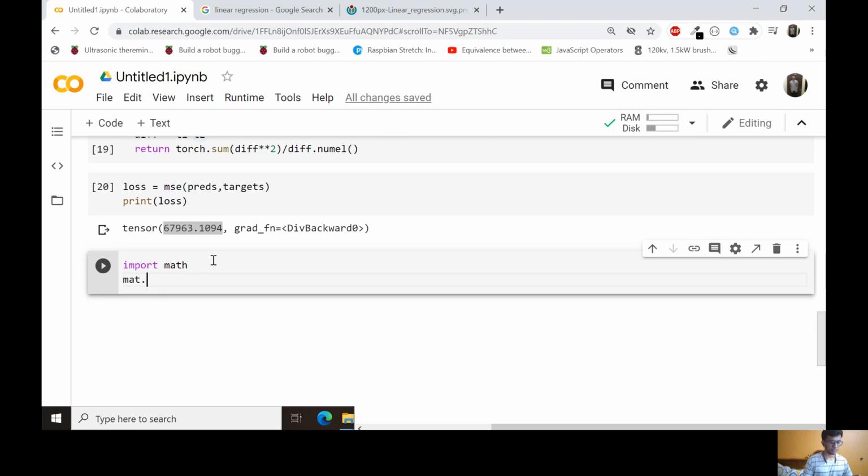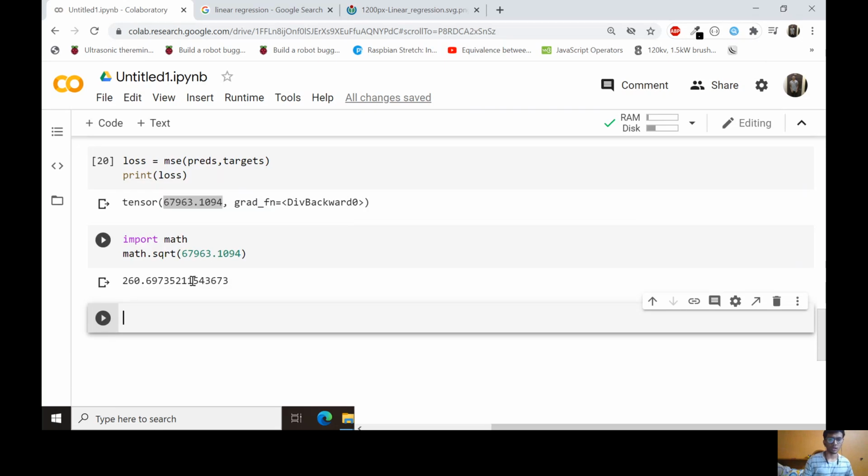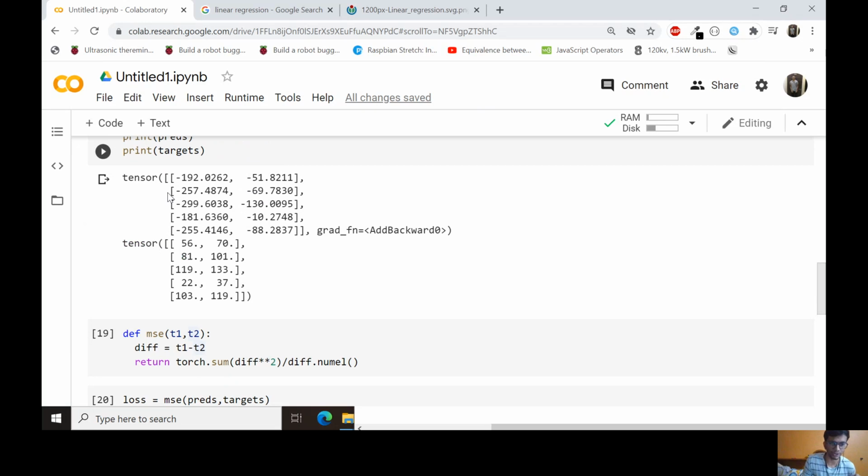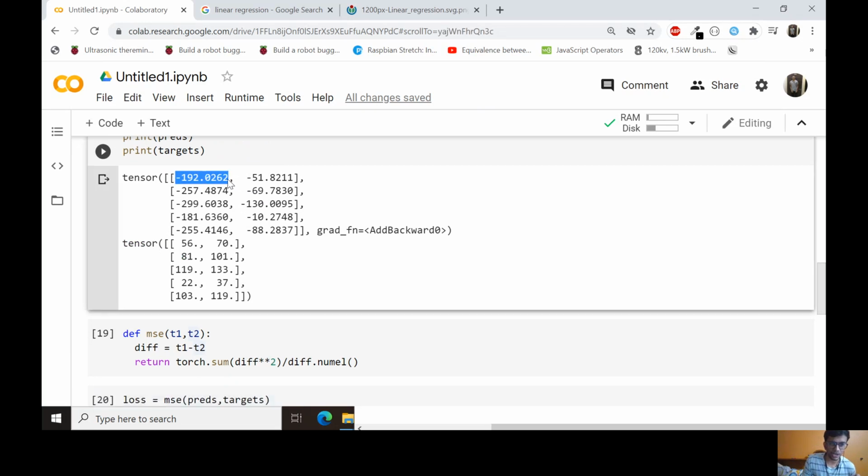Import math, dot square root, and you can write your value here, and I have missed by 260 points. That's somewhat true as well, because if I get minus 192 and I add 260, I'll reach somewhere near 56.